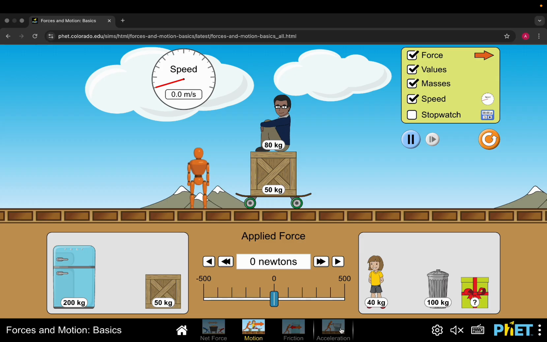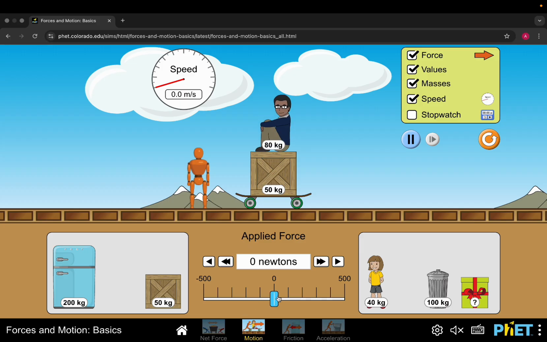So we need a bigger applied force to move like the last box, which moved to a speed of 40 meters per second, if I remember. So now we're going to need a bigger force to cause the same acceleration. So more force, more acceleration, and more weight.